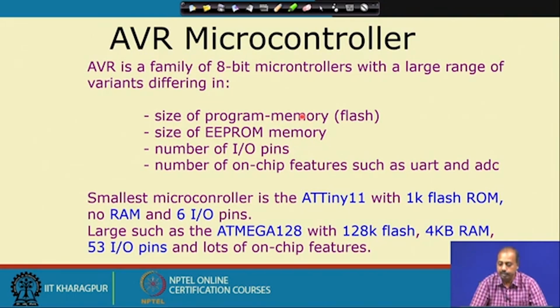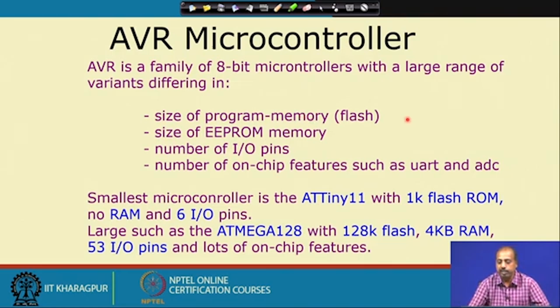It has 1 kilo flash ROM, no RAM, and 6 IO pins. This is the simplest possible processor that we have, and the large one such as Atmega 128 has 128 kilo flash, 4 kilobyte of RAM, 53 IO pins, and lots of on-chip features like ADC, UART and all that. So, there will be many such features on chip.